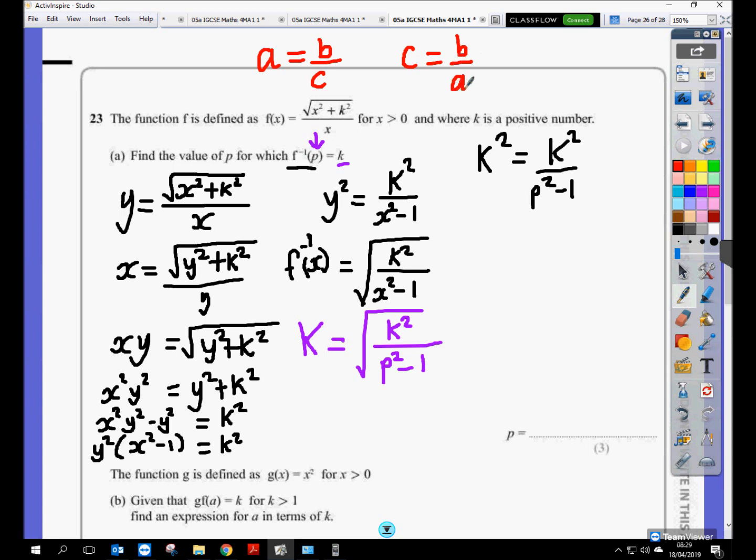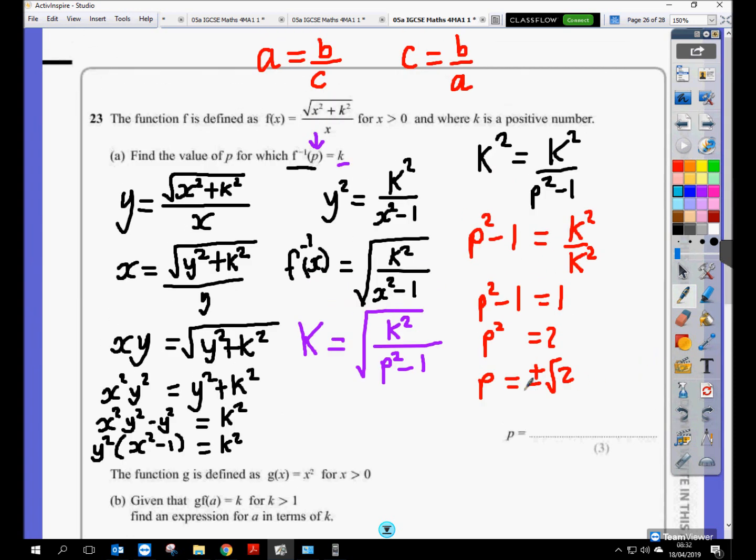That's allowed, and you can use some numbers to see why that's true. So I can swap here and end up with p squared minus 1 is equal to k squared over k squared. Now, anything divided by itself is 1. So you have p squared minus 1 equals 1, so p squared is equal to 2. And that means p is equal to plus or minus the square root of 2.